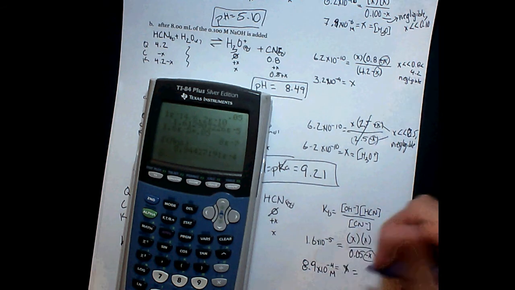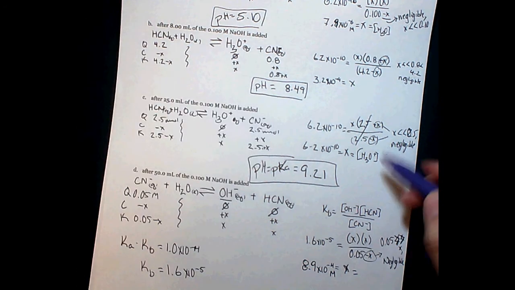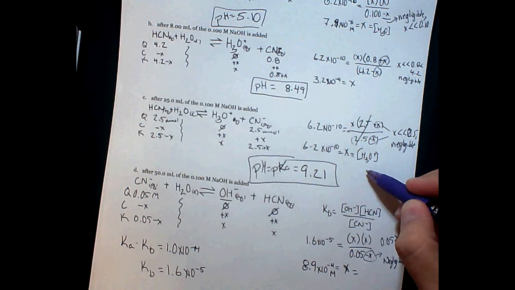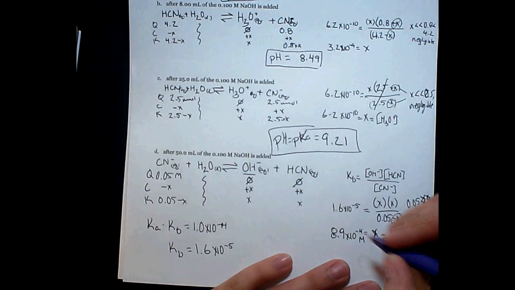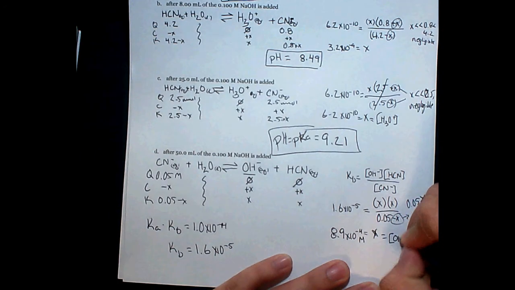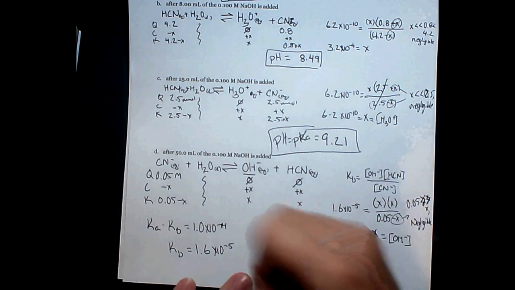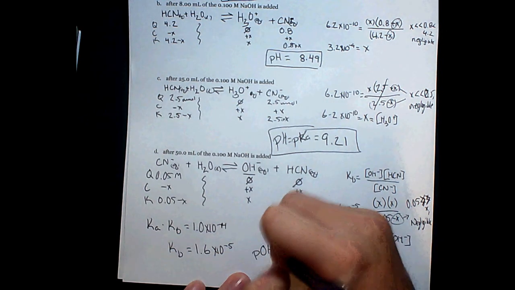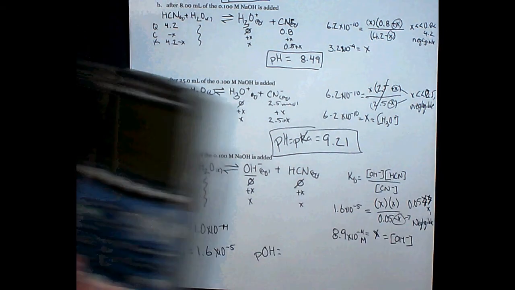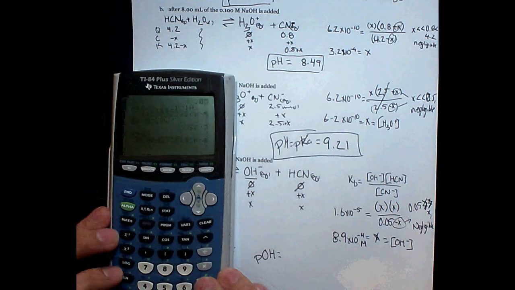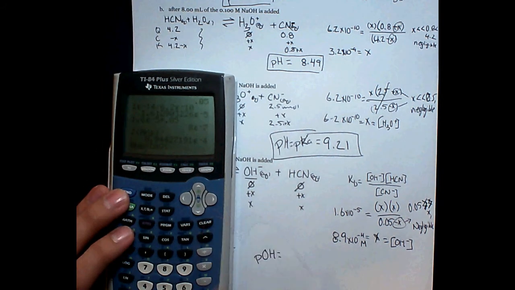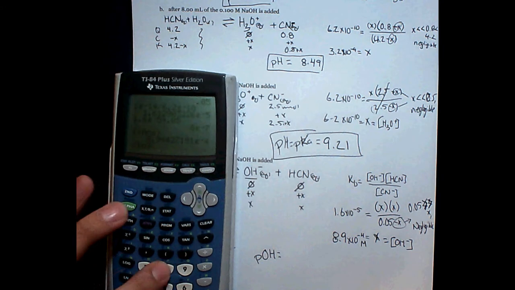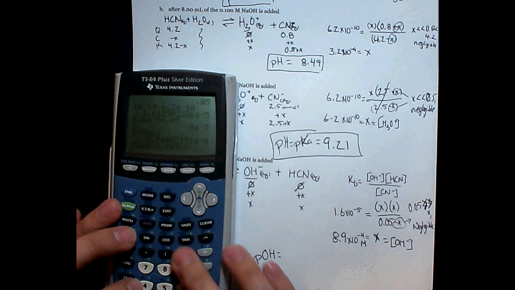And then what is X equal to? This is where this is different. Everything else is H3O plus. Here, the X is equal to the concentration of the OH minus. So the first thing we're going to do is find pOH. So to find pOH, you would take the negative log of 8.9 times 10 to the negative fourth.